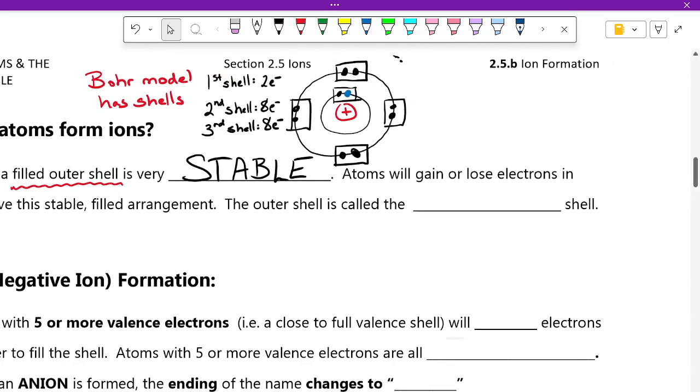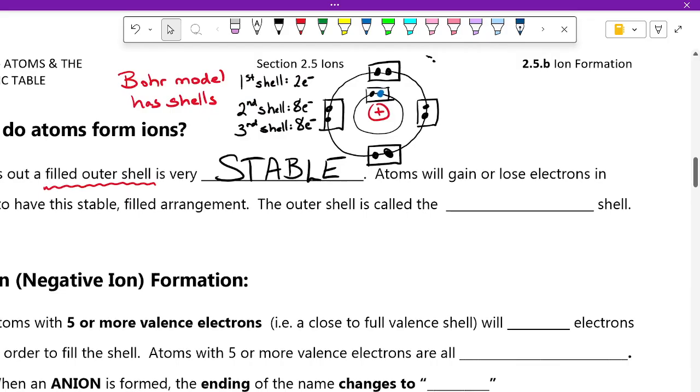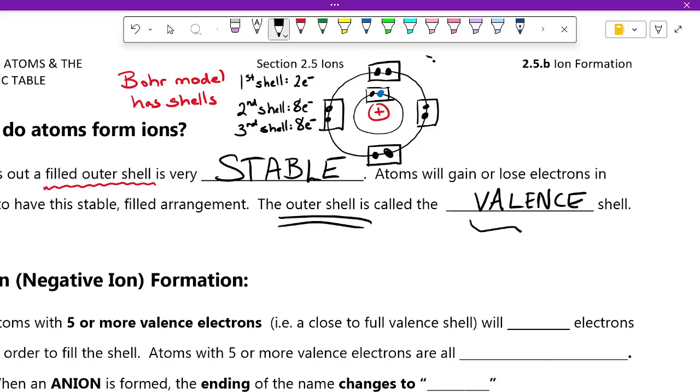The outer shell is called the valence shell. That's our outer shell. That's a new vocab word. Okay?